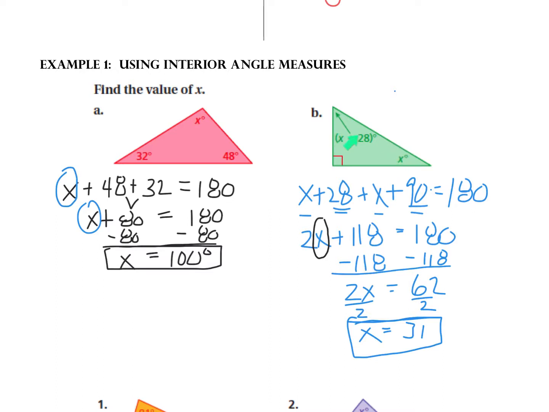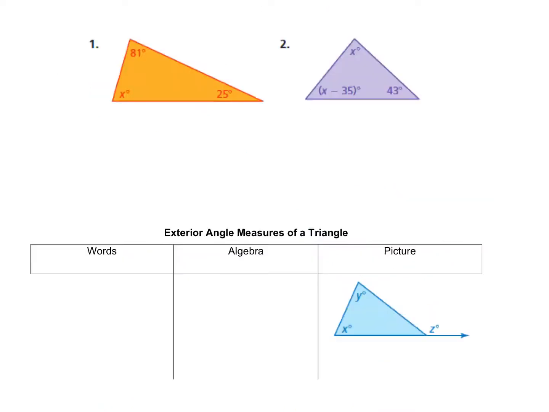But this angle is x plus 28, so we'd plug in the 31 and add 28 to get 59. So you just have to watch your directions. If it wants to know just the x, we found it, we're good. If it wants to know the missing angles of the triangle, you then have to plug them back in to solve for the expression.